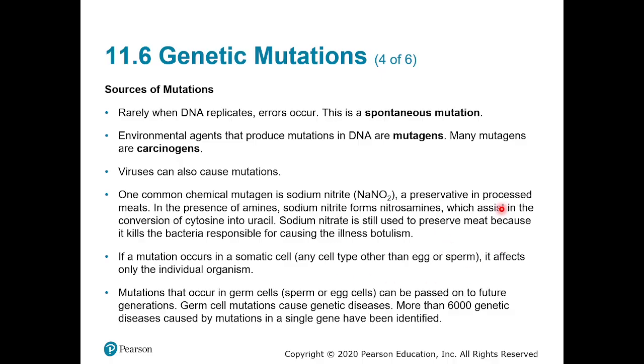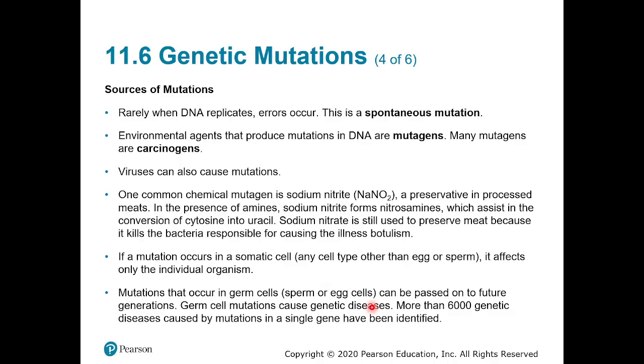If mutations occur in somatic cells, so any cell type other than the egg or sperm, it's only going to affect that individual organism. If it happens in an egg or sperm cell, then it can actually be passed on to the progeny, right? Mutations that occur in the germ cells, that's your sperm and egg cells, of course, can be passed on to future generations.